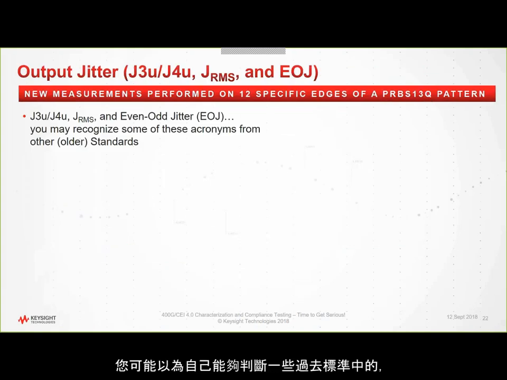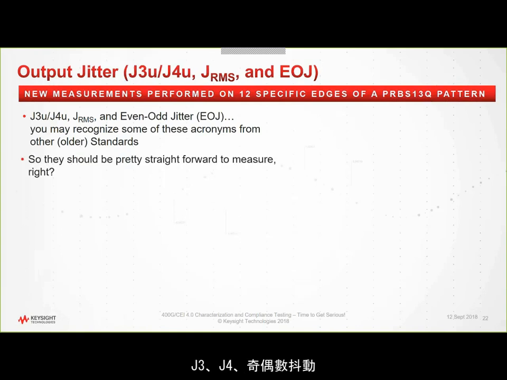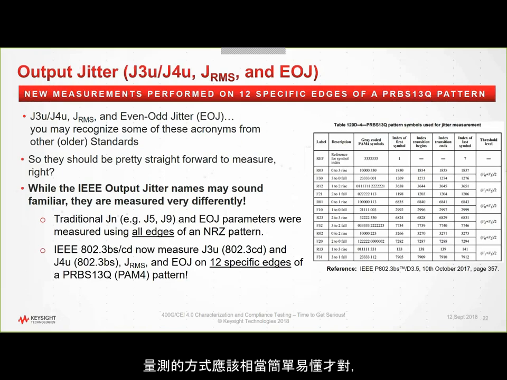So you might think that you recognize some of these J3, J4, even an odd jitter from past standards, and so they should be pretty straightforward to measure, when in fact these new measurements are performed very differently. The legacy even an odd jitter, J5, J9, they were made on all edges of an NRZ pattern.